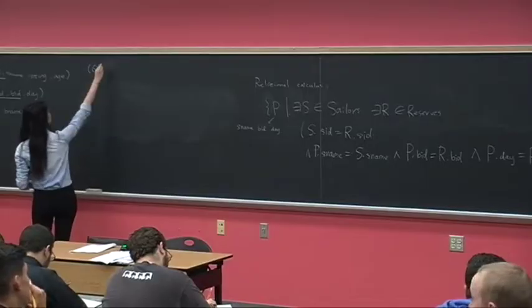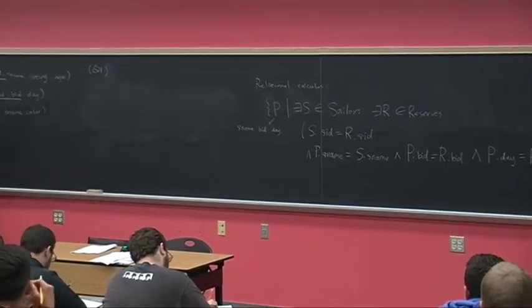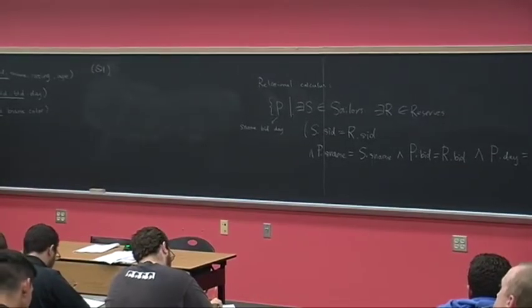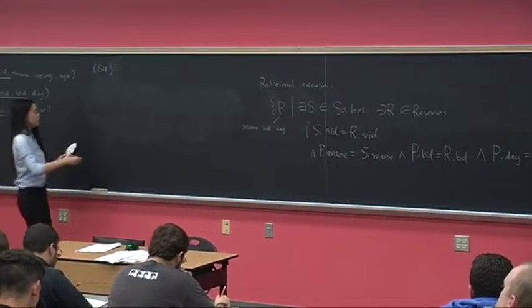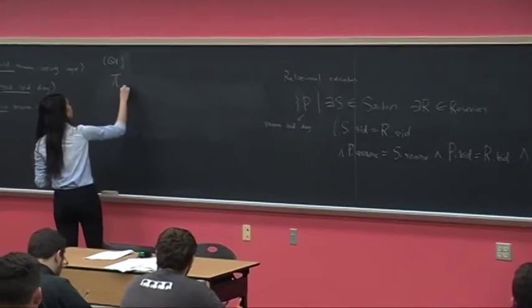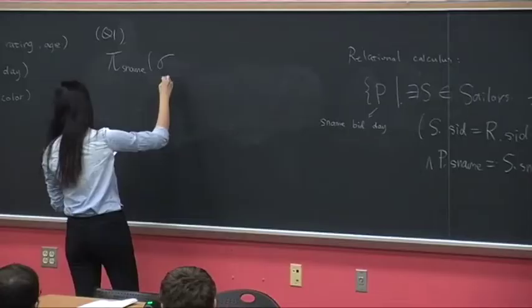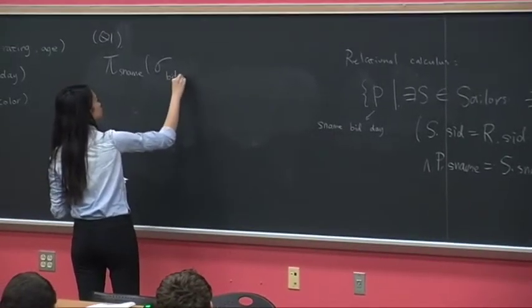So let's go back to our very first one, which is to find the names of sailors who have reserved boat 103. Since we have already worked on this before, I'll just quickly write that down. And the version I'm writing down is sort of ignoring whether it's optimized.